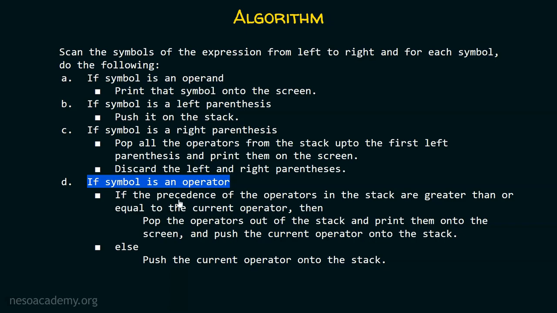If the precedence of the operators in the stack is greater than or equal to the current operator, then pop the operators out of the stack and print them onto the screen. Got it? So we have to pop the operators out of the stack in that case, right? And finally, we have to push the current operator onto the stack.